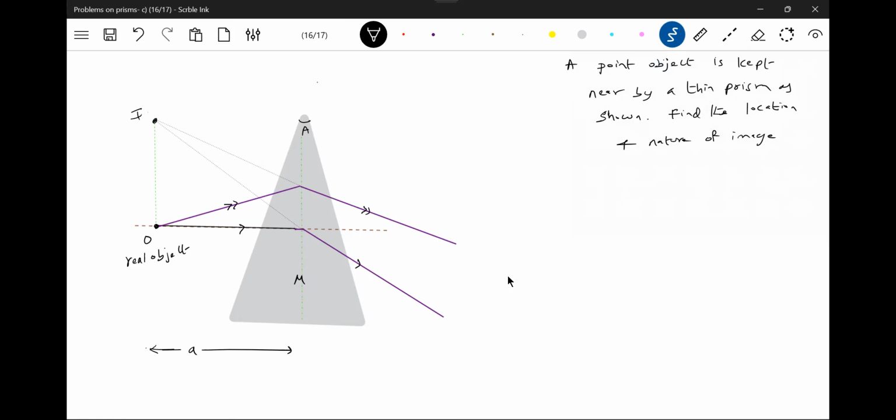In both the cases, the deviation produced will be delta. Then this will be delta. This will be say y. We know the deviation produced by a small angle prism is (mu minus 1) into A. What is the deviation? Tan delta, you go for the triangle.